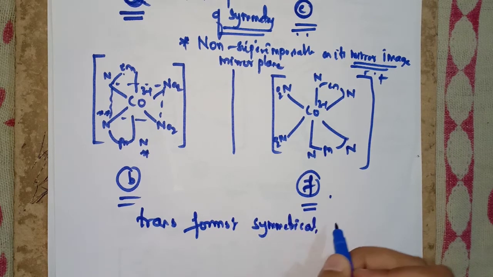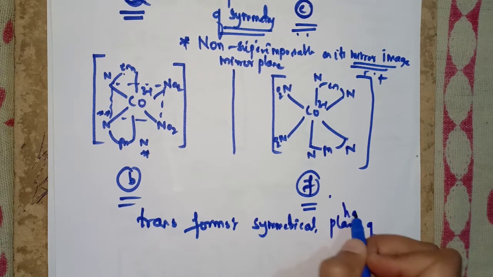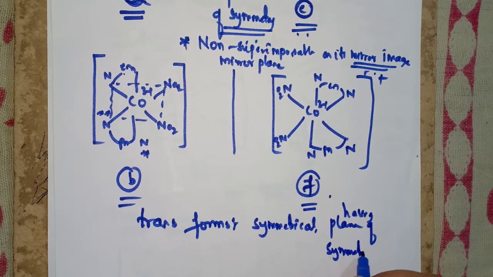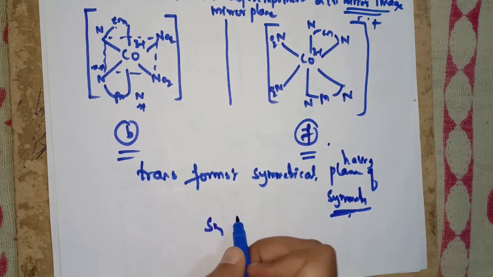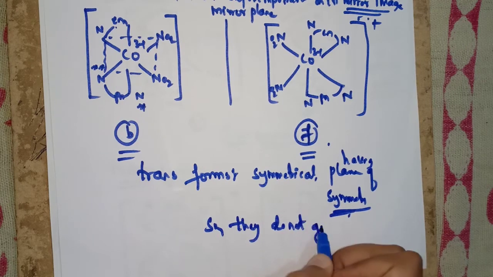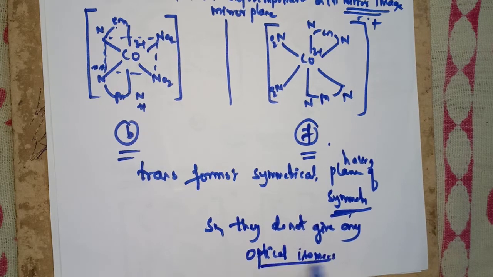You can say they have a plane of symmetry, so they do not show any optical isomers.